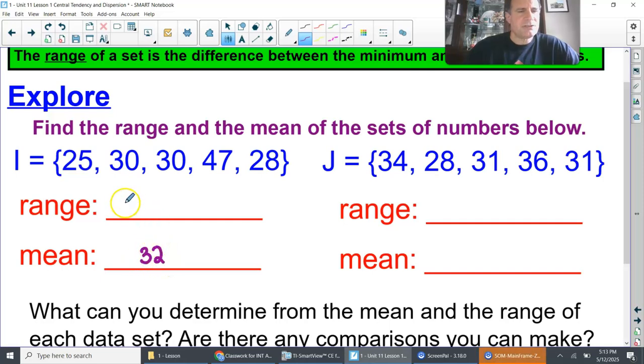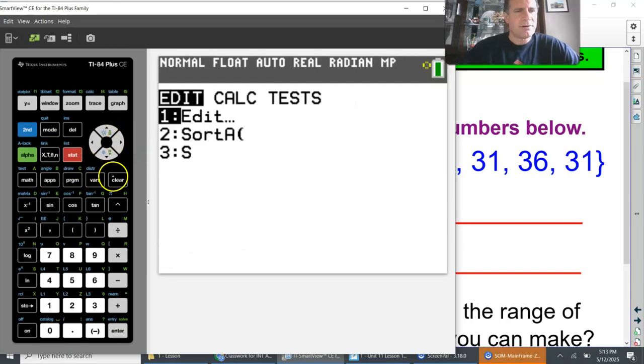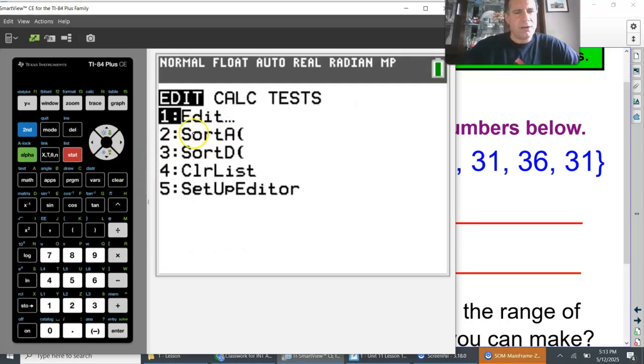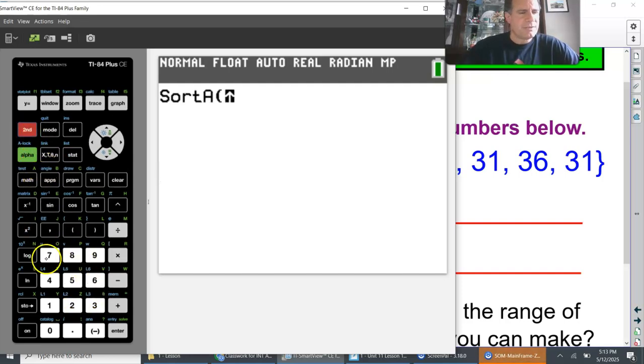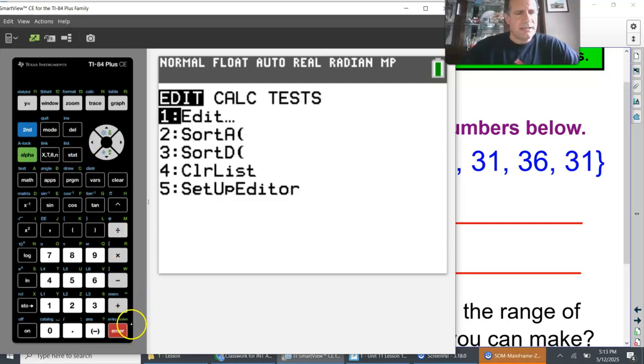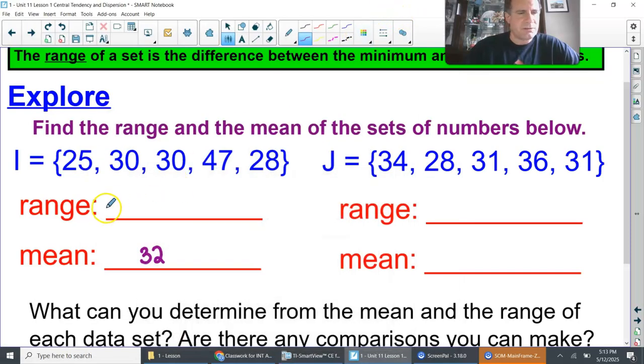The range is the largest number subtracted by the smallest. So we are going to go back and press stat, and we are going to sort this list, 2, and we're going to go down to L1 and press done to sort this list. And then we're going to press enter, and you can see right here that 47 is the largest minus the 25, which is the smallest.